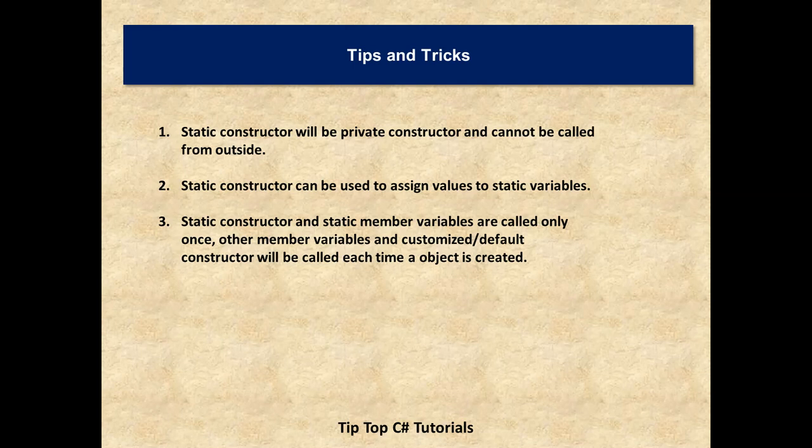Static constructor and static member variables are called only once for the lifetime of the class, whereas member variables and the default or customized constructor will be called each time an object is created. This is another important point about the static constructor and static member variables.